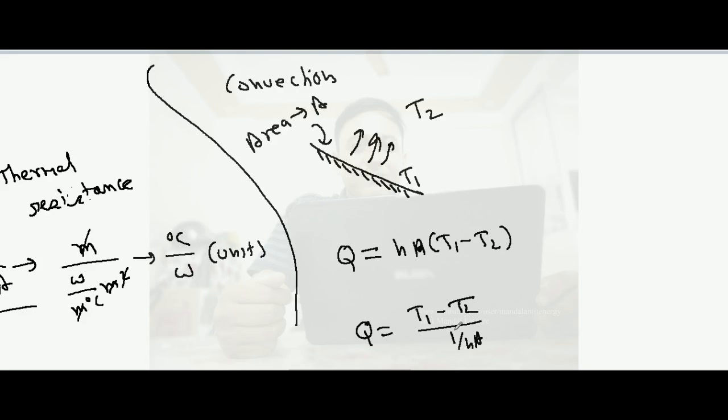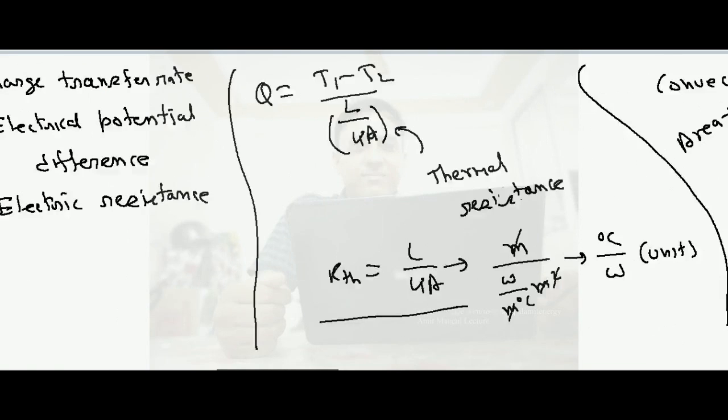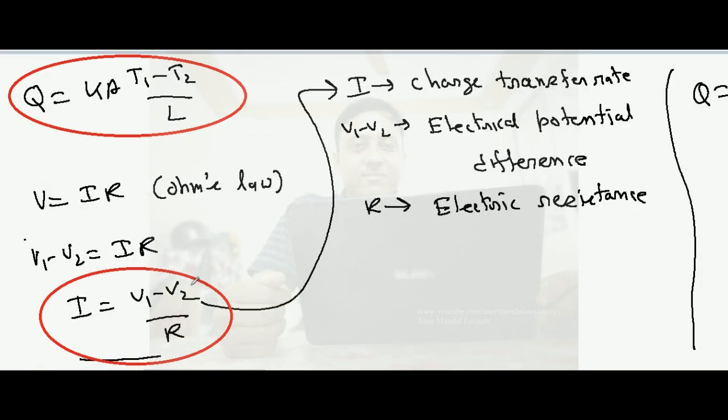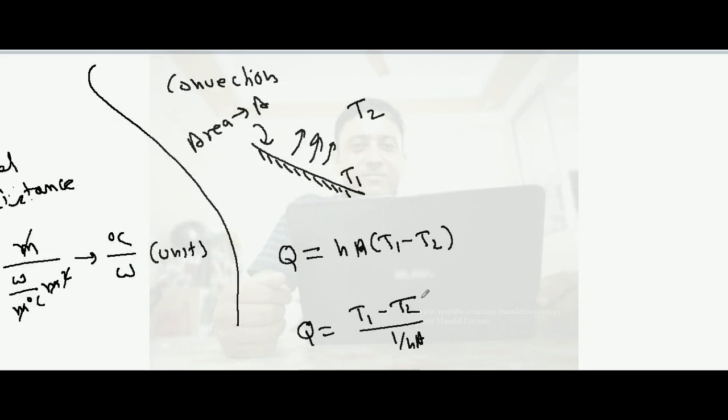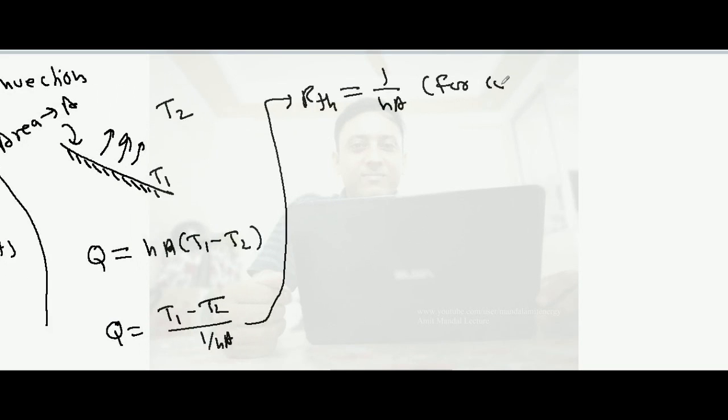In Ohm's law, whatever is in the denominator of the electrical potential difference is resistance. So here also, whatever is in the denominator of the thermal potential difference must be thermal resistance. Here RTH, using the same symbol, equals 1 by HA, and it is applicable for convection.